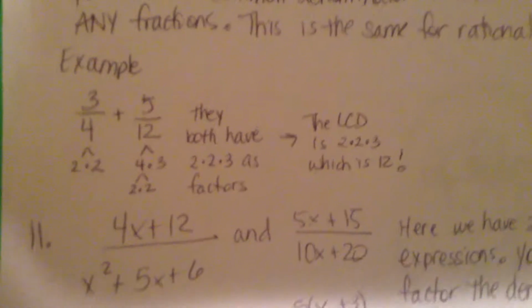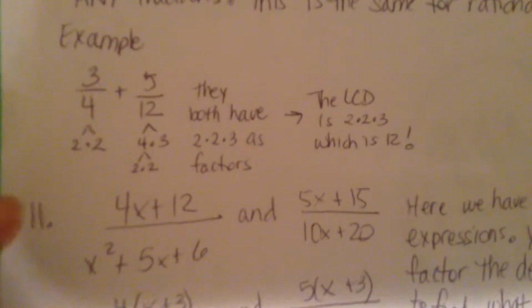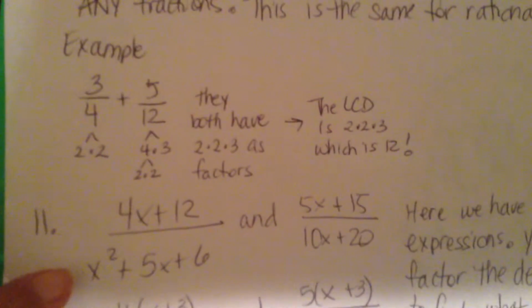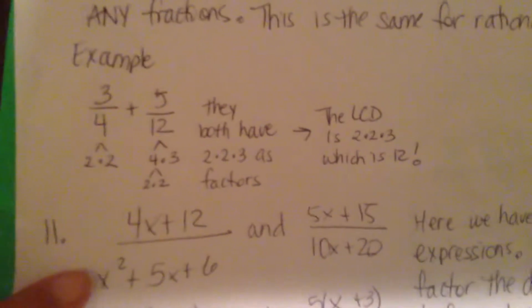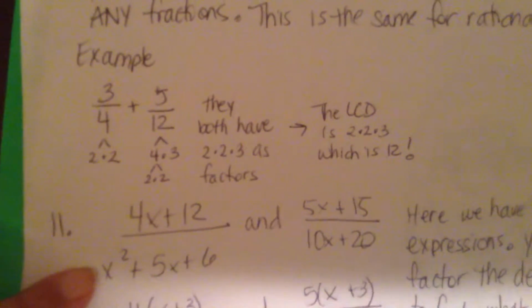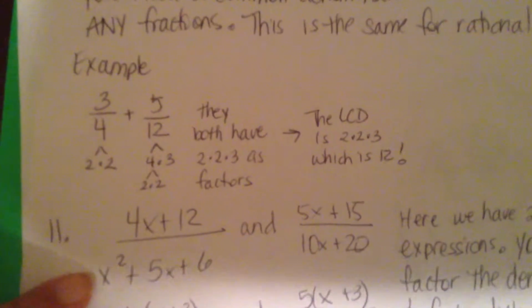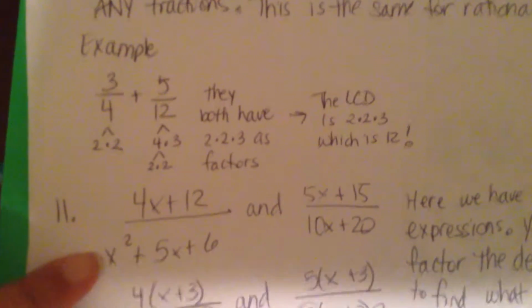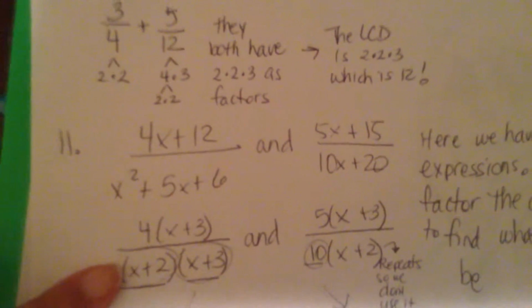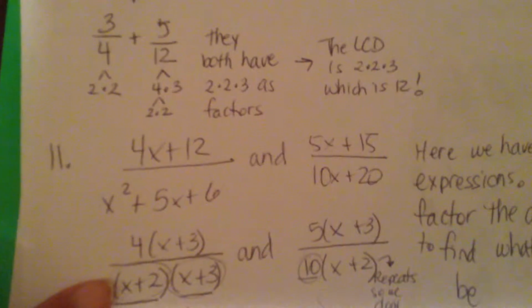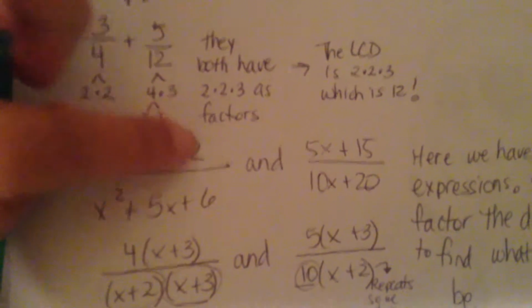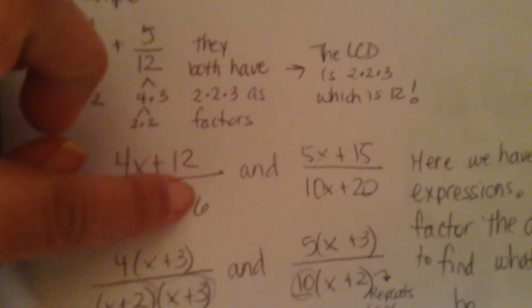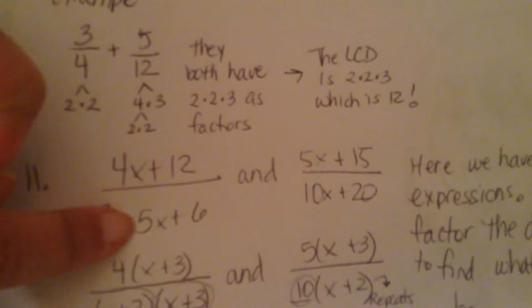So this was number 11 on your problem, and what you want to do is factor the denominators. So this is a trinomial that would break down to x plus 2 times x plus 3. Basically, which two numbers multiply to 6 but add to 5.